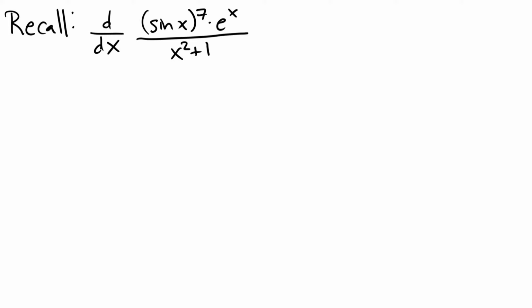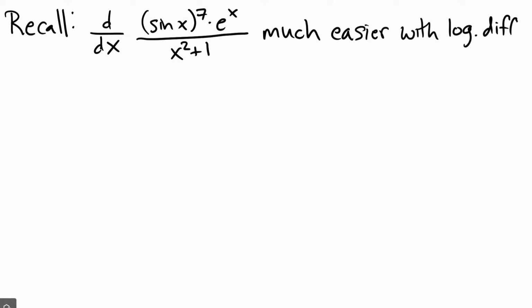We don't have one of those exponents with a changing base and a changing exponent. We just have products and quotients and regular exponentiation, where here with sine x raised to the 7, the exponent is just a number. So we could very well use all the tools we already have to compute this derivative. But it's much easier with logarithmic differentiation.